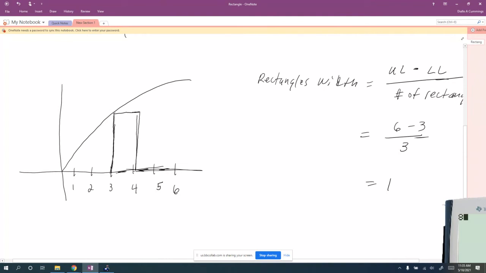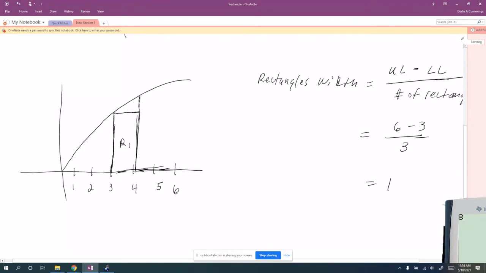So this kind of serves as an underestimate. This is rectangle 1. My second rectangle lies on the interval from 4 to 5. I'm going to use the left endpoint, which is at 4.